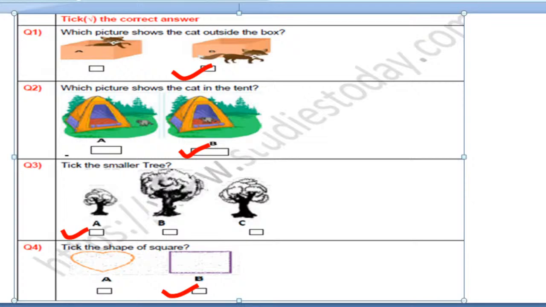The shape of the square has 4 sides. So the B one is the correct option. Those who have written B, it's not a rectangle. The image is of a square. It might seem like a rectangle, but it is a square.